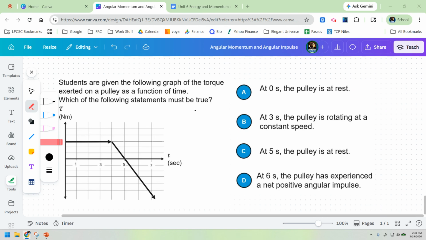It says that at 6 seconds, the pulley has experienced net positive angular impulse. Well, let's break this up into different sections, okay? So we're going to 6 seconds.